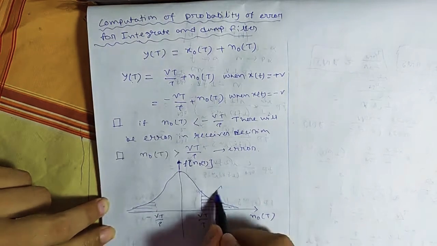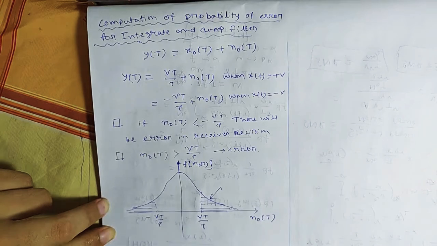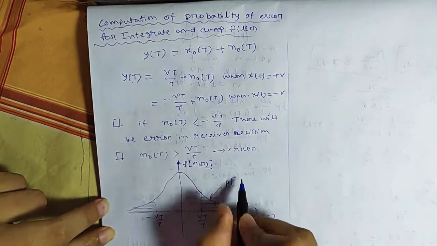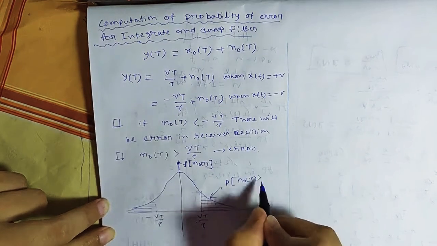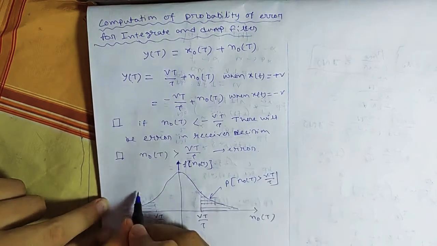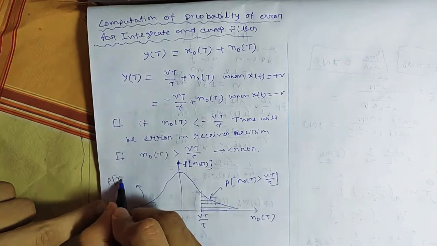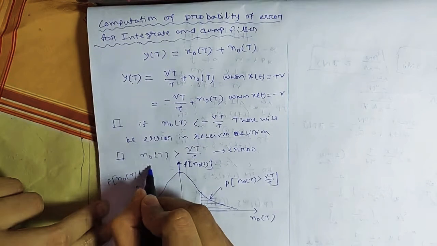We already know that the area under the density function gives the corresponding probability. So this area is the probability of n0(t) greater than Vt by tau, and this area is the probability of n0(t) less than minus Vt by tau.